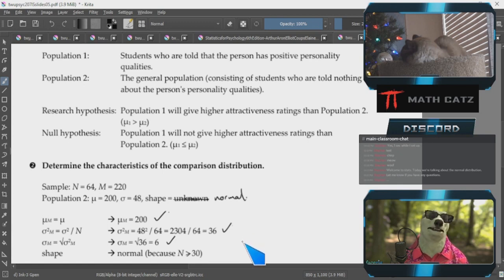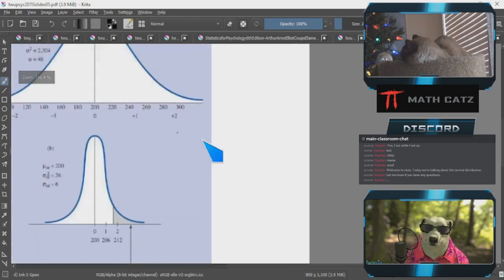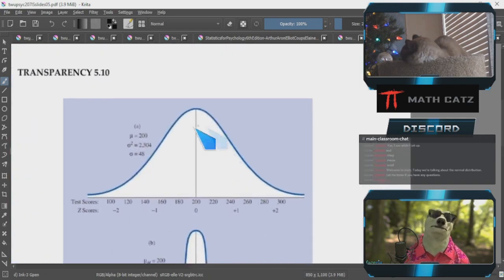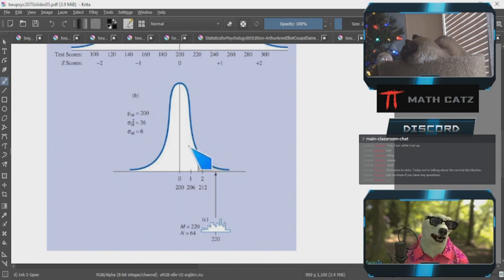So now remember what I can visualize this as, right? Let's maybe visualize it first. What are we actually doing? Well, we have our population distribution here, but that's not actually the distribution we're looking at. We're looking at the distribution of means.